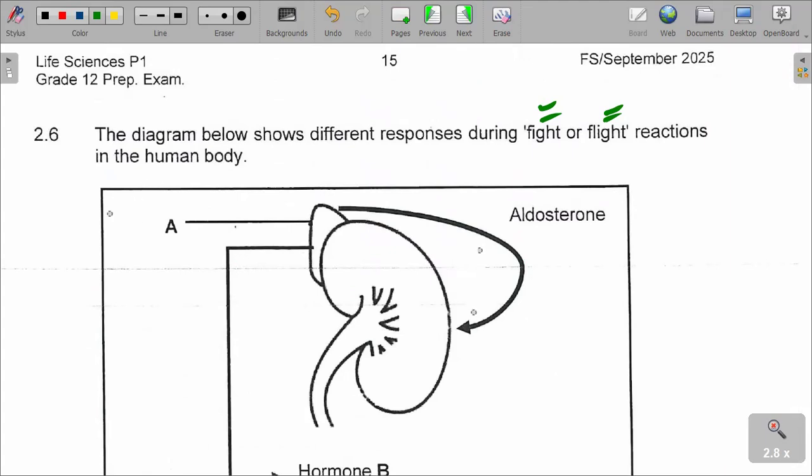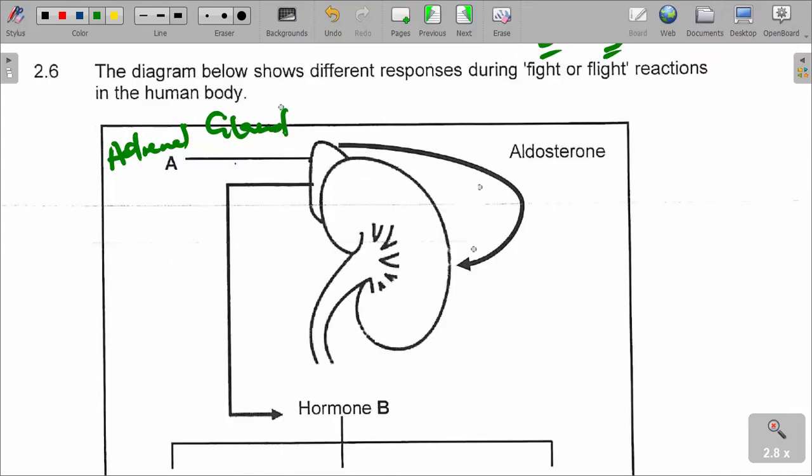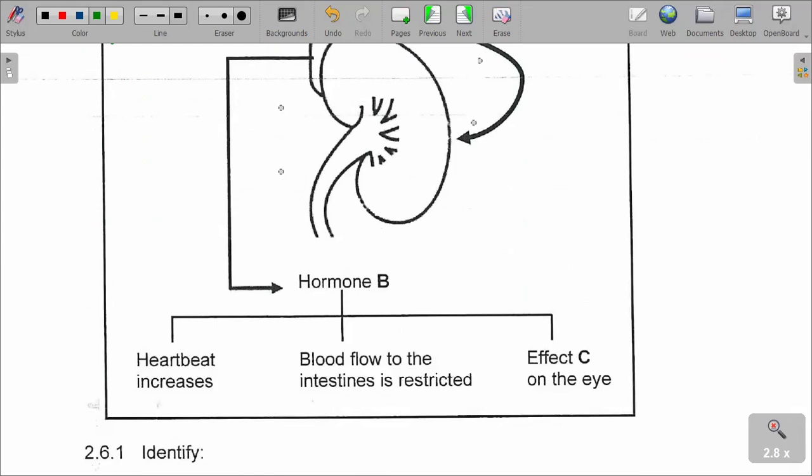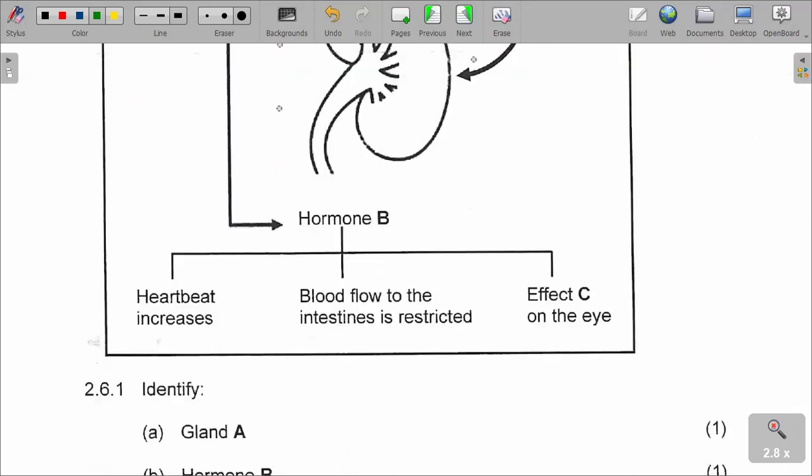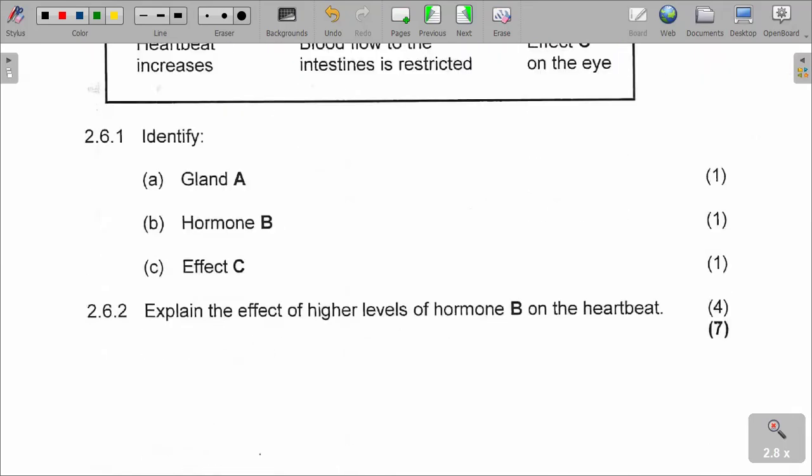We must understand that this is the adrenal gland, because it is situated on top of the kidney.